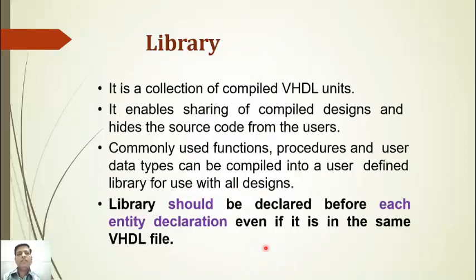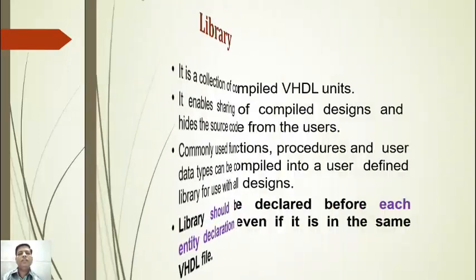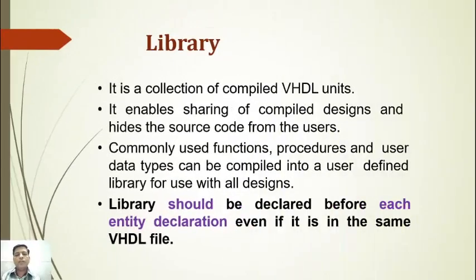After that, here we have started with the very first block, that is library. It is a collection of compiled VHDL units. It enables sharing of compiled designs and hides the source code from the users. Commonly used functions, procedures and user data types can be compiled into a user defined library for use with all designs.